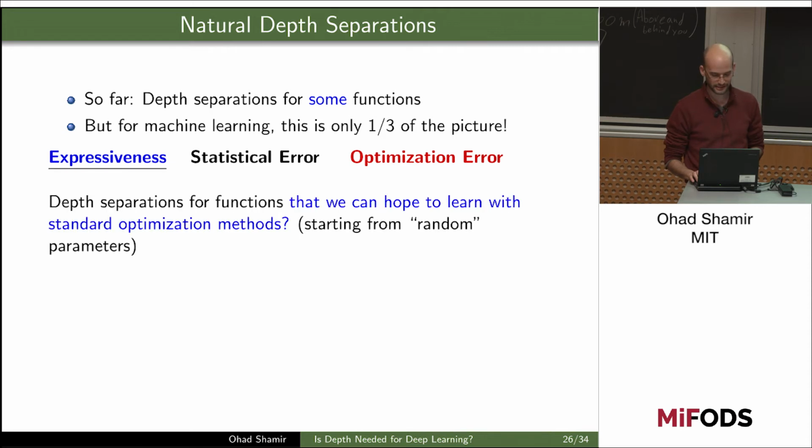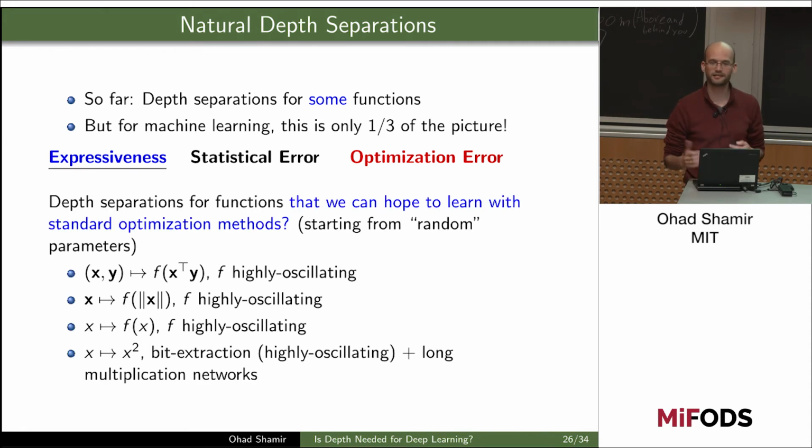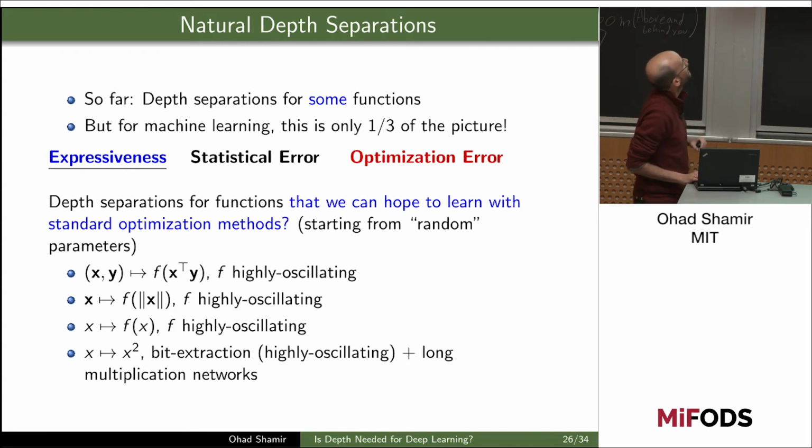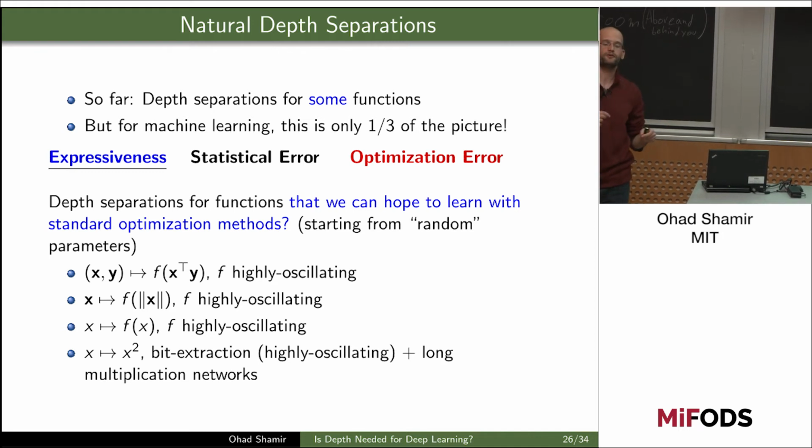And actually, when you think about it, none of the examples I showed you so far really has this property, especially in terms of the optimization error. They all have the same structure: you start with some input, you do an inner product or a norm or something like that, and then you compose it with a function which is very highly oscillating.